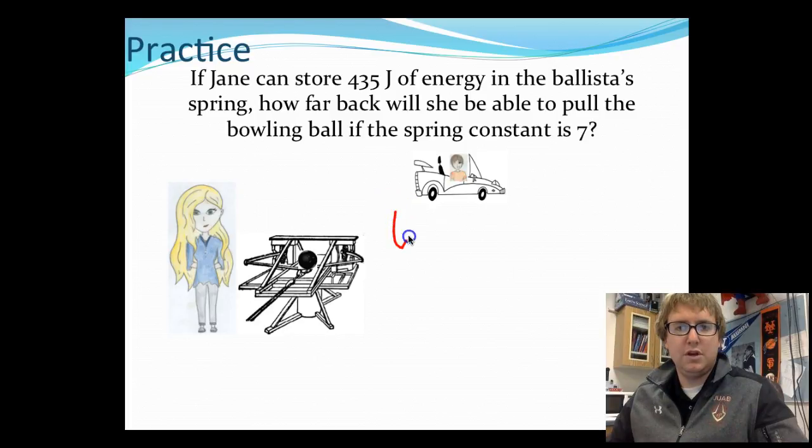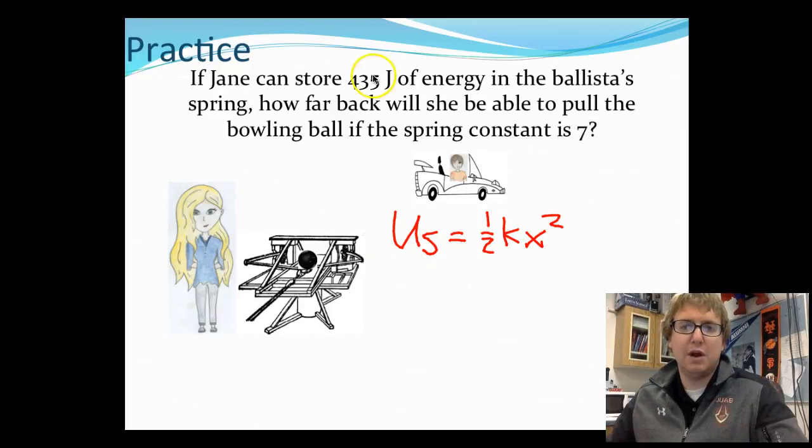We know the equation is spring energy equals 1/2 kx squared. Right here we have our energy, 435 joules of it. We know our spring constant. There are two variables known and only one left, so this is a solvable problem. Plug in our numbers.